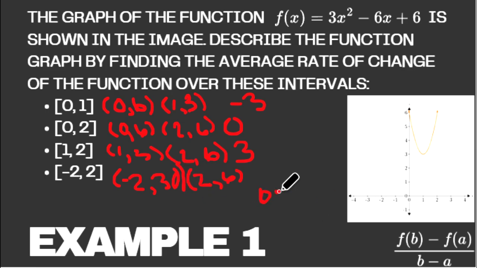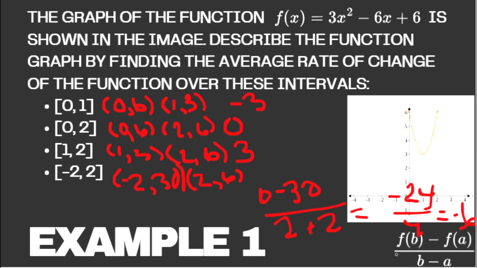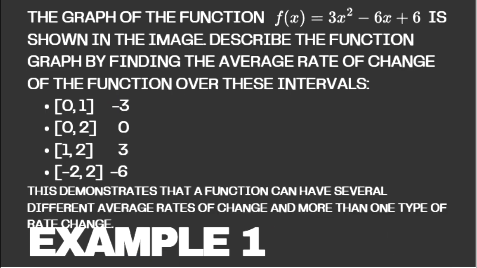We have 6 minus 30 over 2 minus negative 2, which gives us negative 24 divided by 4, which would give us our negative 6. See, if I just did the math, then everything would be okay.